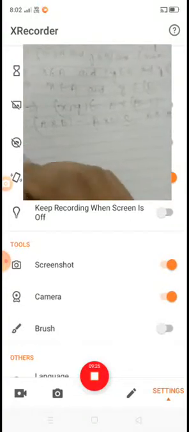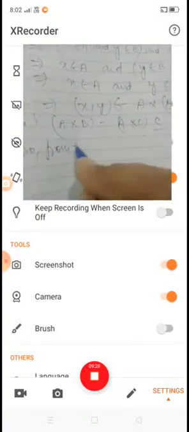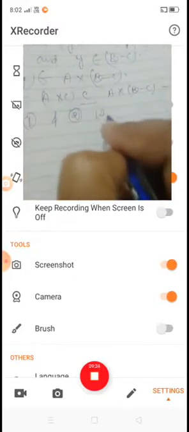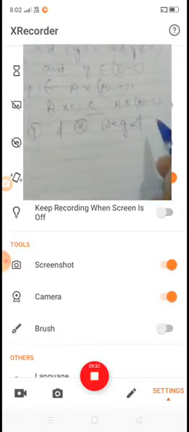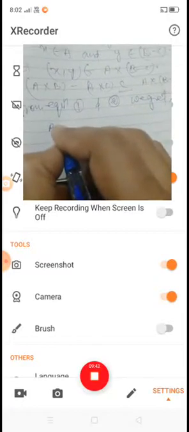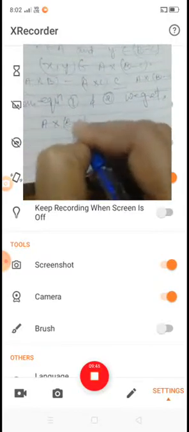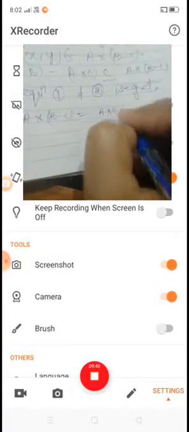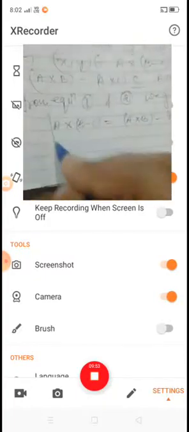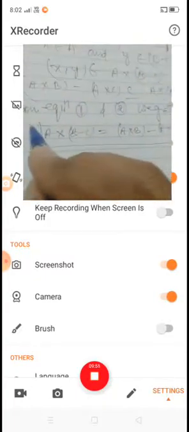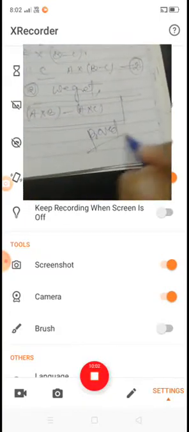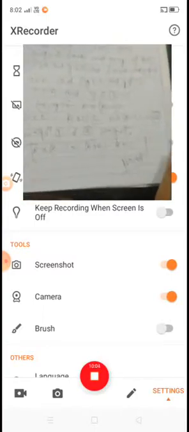So from equations 1 and 2 we get A cross (B minus C) is equal to (A cross B) minus (A cross C). Hence proved this result.